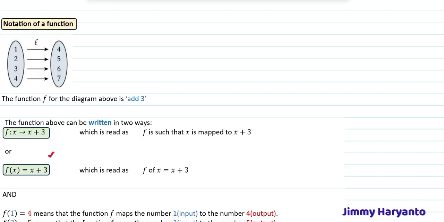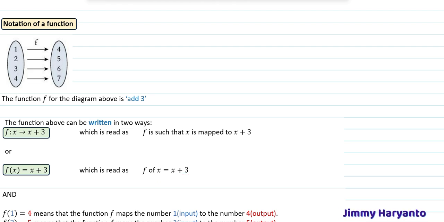So you can read this as the function f is x plus 3. But in mathematics, you have to read it like this: f of x equals x plus 3.